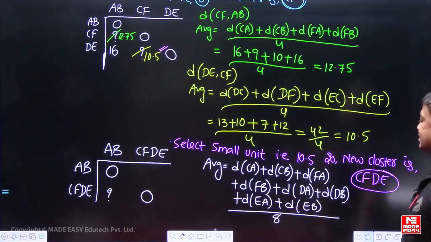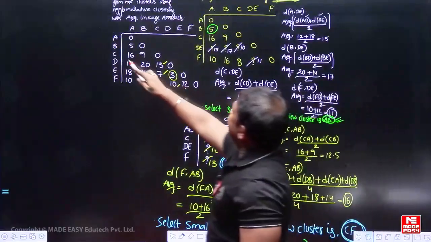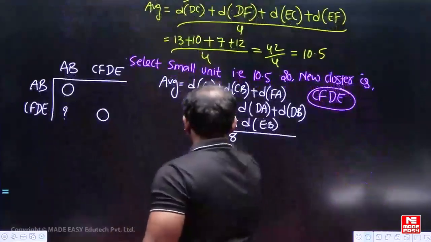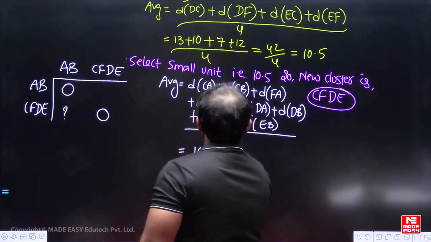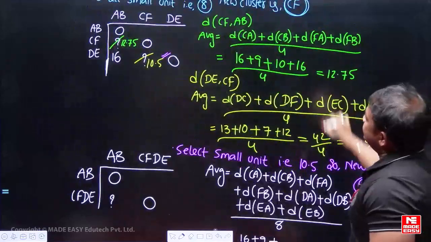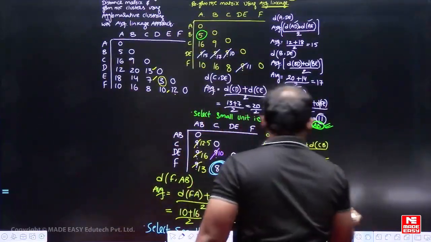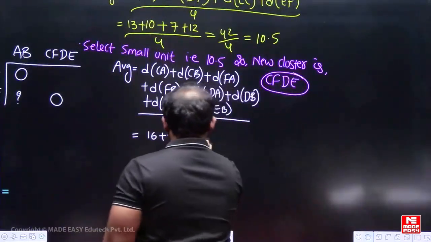All right, now calculate that. CA, CB: 16 plus 9. Then FA, FB: FA 10, FB 16, so 10 plus 16.